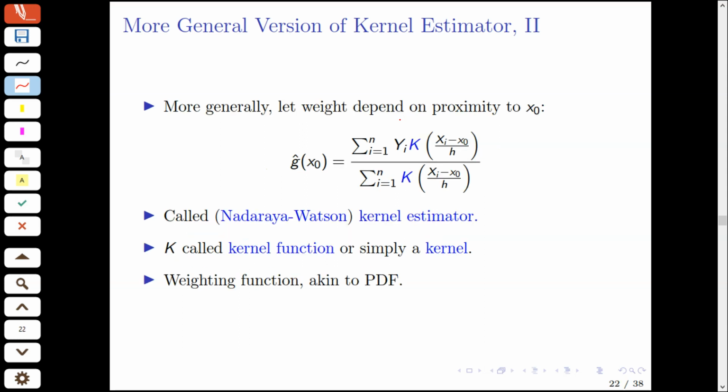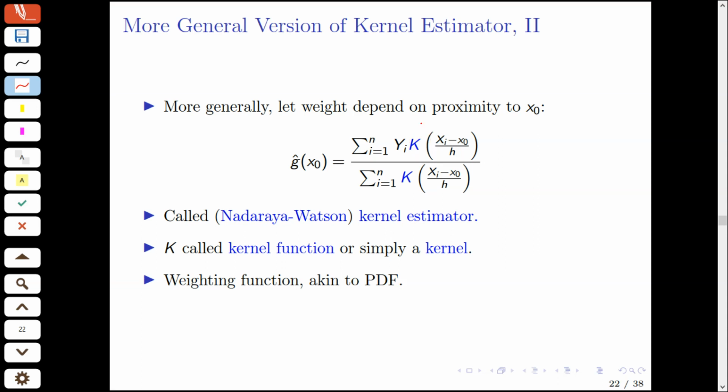More generally, one may find it desirable to let the weight depend on the proximity to our point of interest in a more smooth manner, in a non-binary manner, for example. And one may do that by replacing the indicator function by some function, let's call it capital K, where the capital K is for kernel.